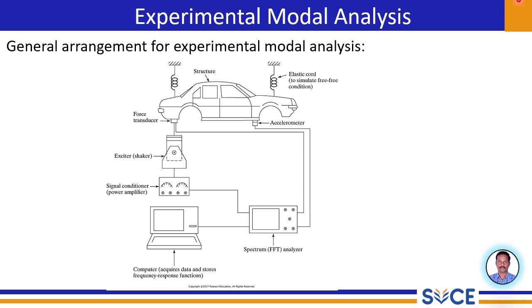Both the force signal from the force transducer and the acceleration signal from the accelerometer go to the signal conditioner. The signal conditioner, that is the power amplifier, as we learned, amplifies and conditions these weak electrical signals, ensuring they are suitable for input to the analyzer.